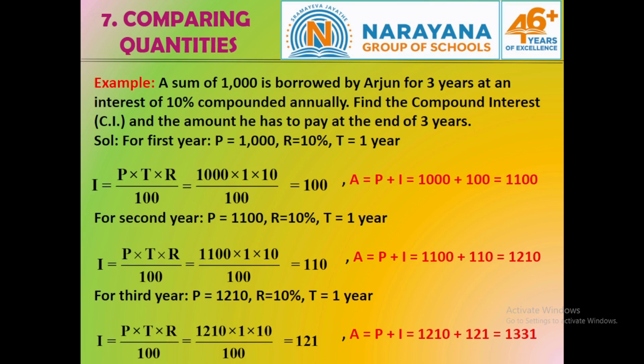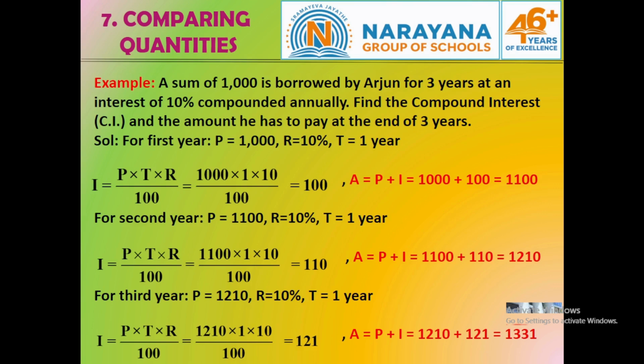So for the second year, principal becomes 1100. Rate of interest is the same 10% and the time is again 1 year. Now substitute these values in the formula of simple interest. We get interest is 110 rupees. So after 2 years, the total amount becomes 1100 plus 110, that is equal to 1210 rupees.